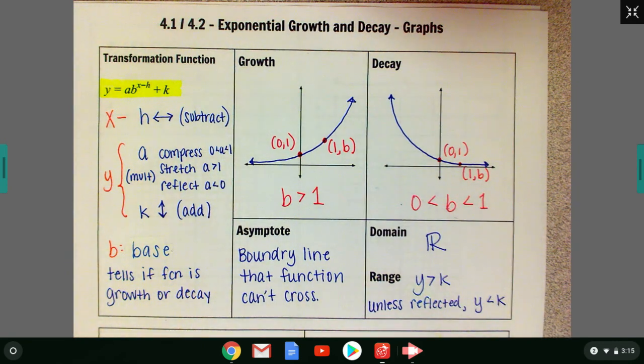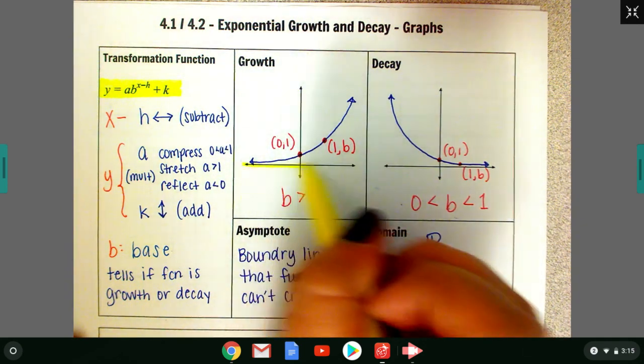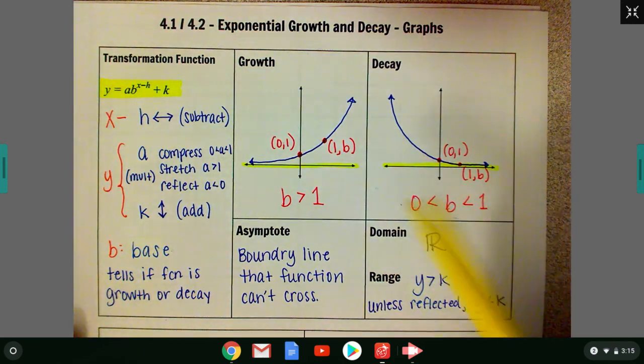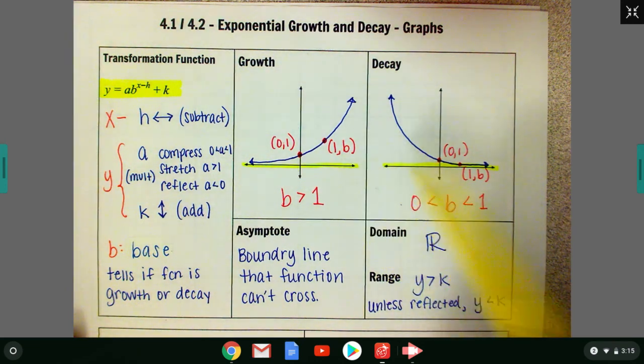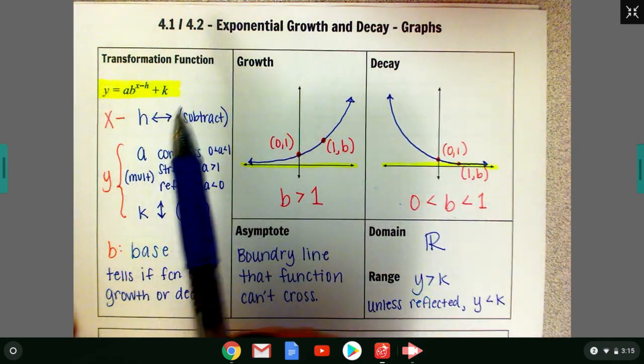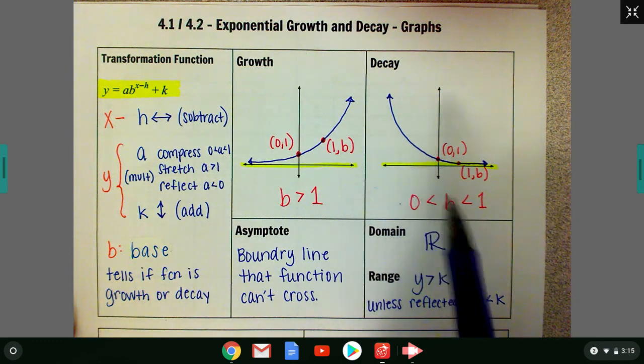The next thing that's slightly new about these is that they've got what's called an asymptote. An asymptote is a boundary line that the function cannot cross. In each of these parent functions, the boundary line is the x-axis, and it's actually found by looking at the equation wherever k is, which in our transformation functions will be a different number.